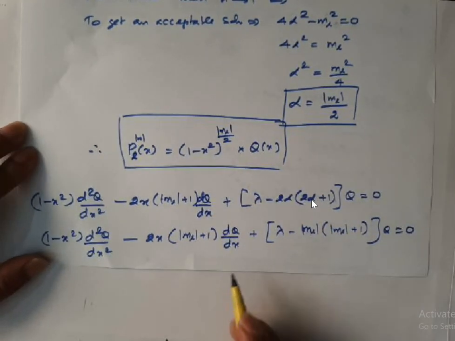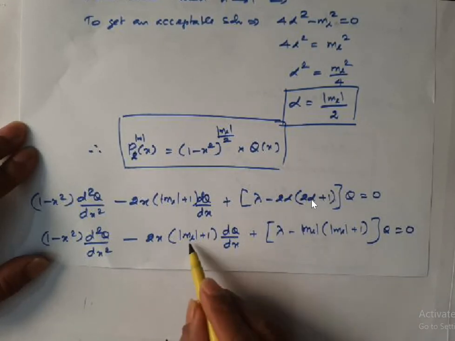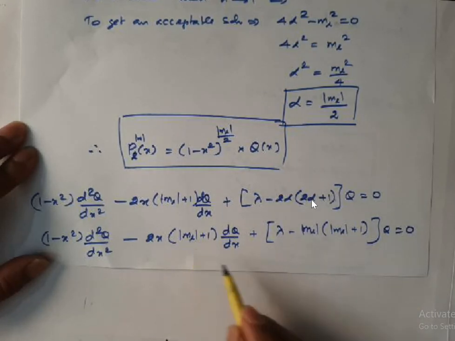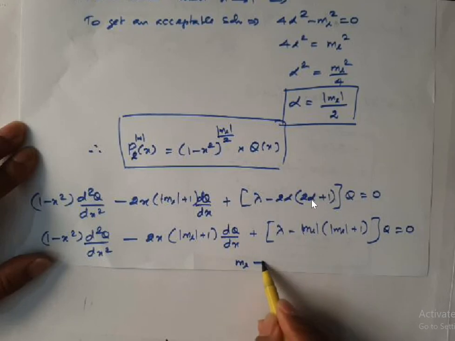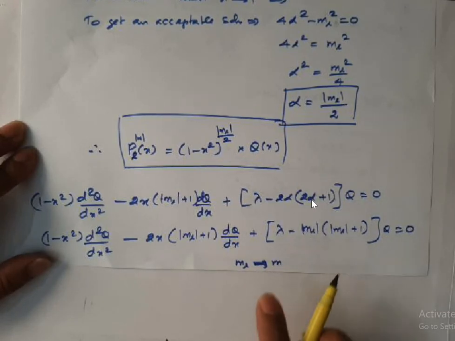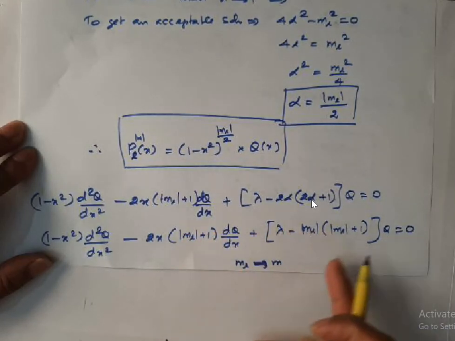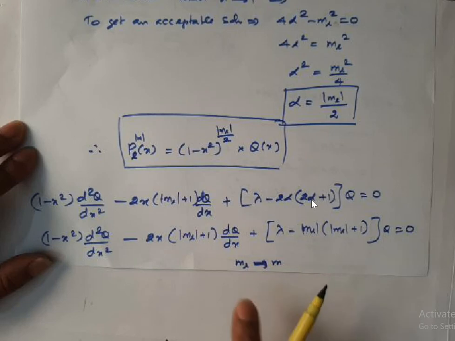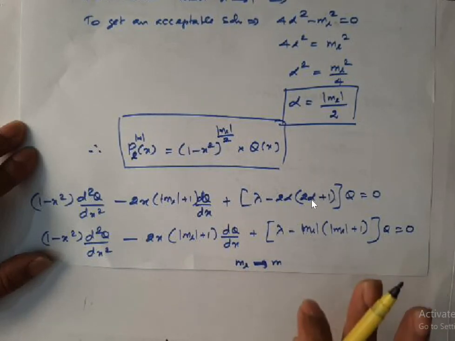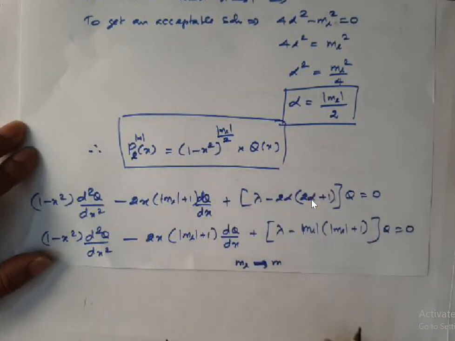Now for further derivation, writing ml every time is somewhat tougher. I don't want this confusion, so let me replace ml as m simply. At last we'll put ml in the place of m.